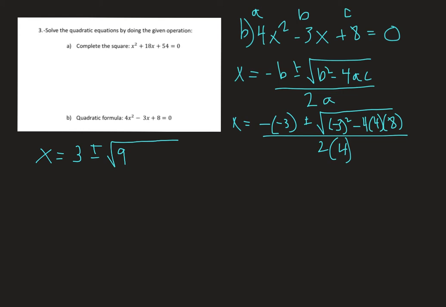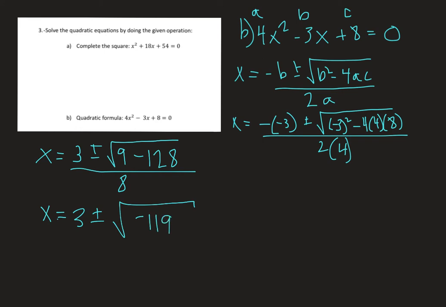So 4 times 4 is 16 times 8 would be 128. And all of that over 8. Okay, so then we go and simplify inside that square root a little bit more. So 9 minus 128 is negative 119 all over 8.